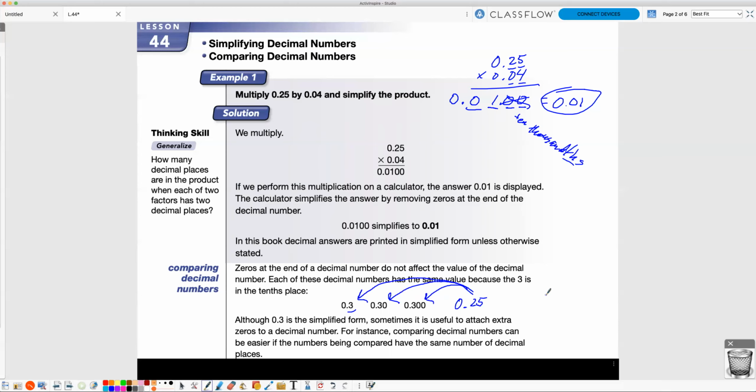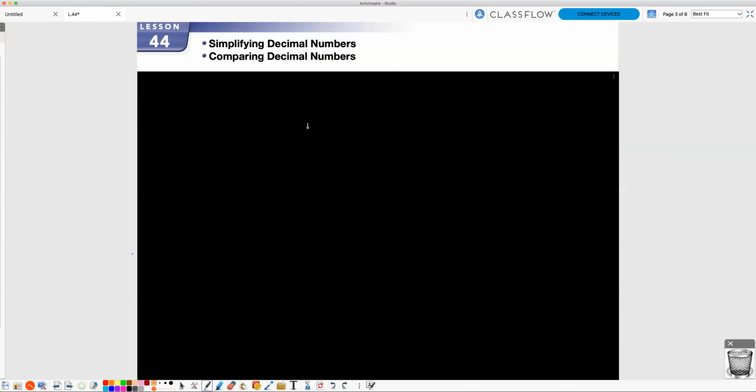Well, let's look at this. This would be 30 hundredths and 25 hundredths. And you can see clearly that 25 hundredths is less than 30 hundredths, which means 25 hundredths is less than 3/10.